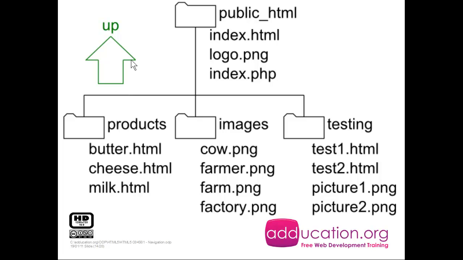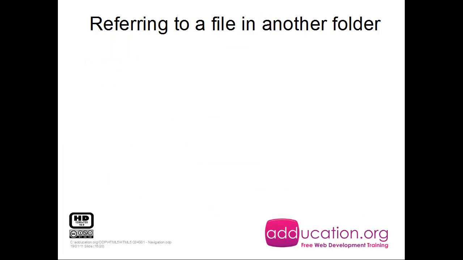So I can go a directory up, but even go up and down at the same time. And this is an advanced example: we're going from butter.html to test1.html. So first go up, doesn't matter what the name is, and then go down the directory testing. Let's see how that works.